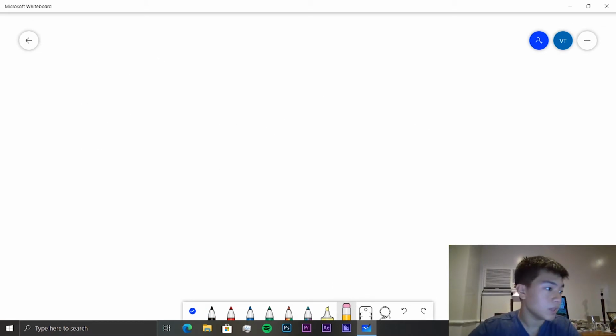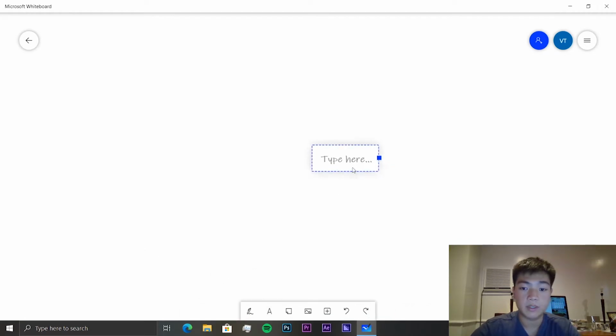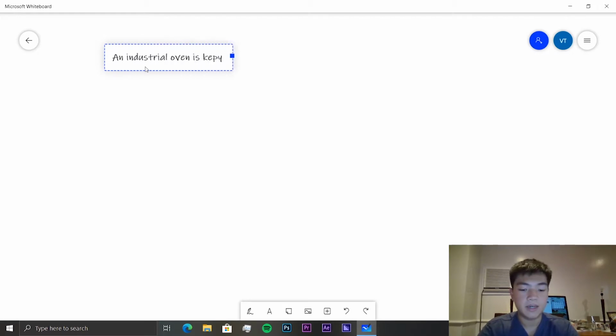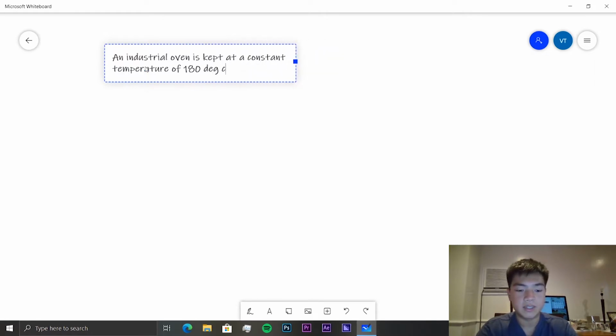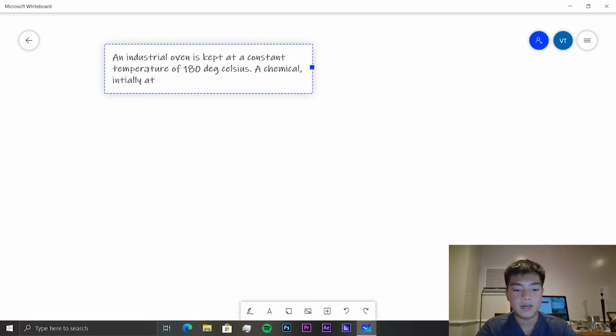We'll do the even ones, and the first one we have is: an industrial oven is kept at a constant temperature of 180 degrees Celsius. A chemical initially at 0 degrees is placed in the oven.